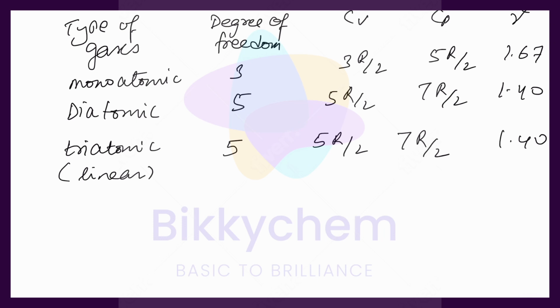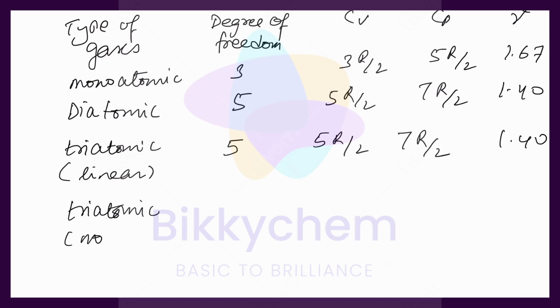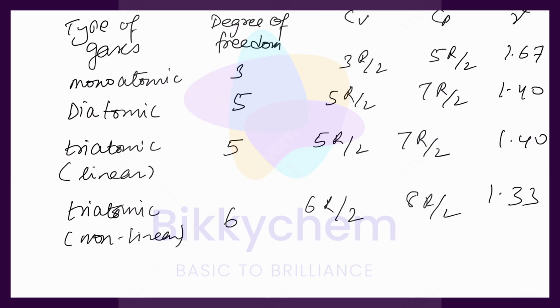And again triatomic, non-linear, the degree of freedom will be 6, Cv is 3R and Cp is 4R. So in this way we can decide whether the compound is diatomic, triatomic or monoatomic.